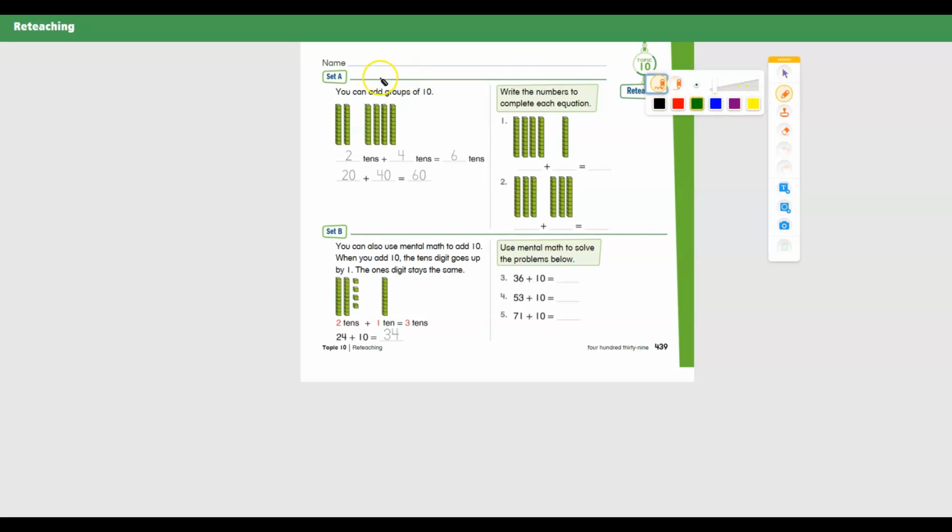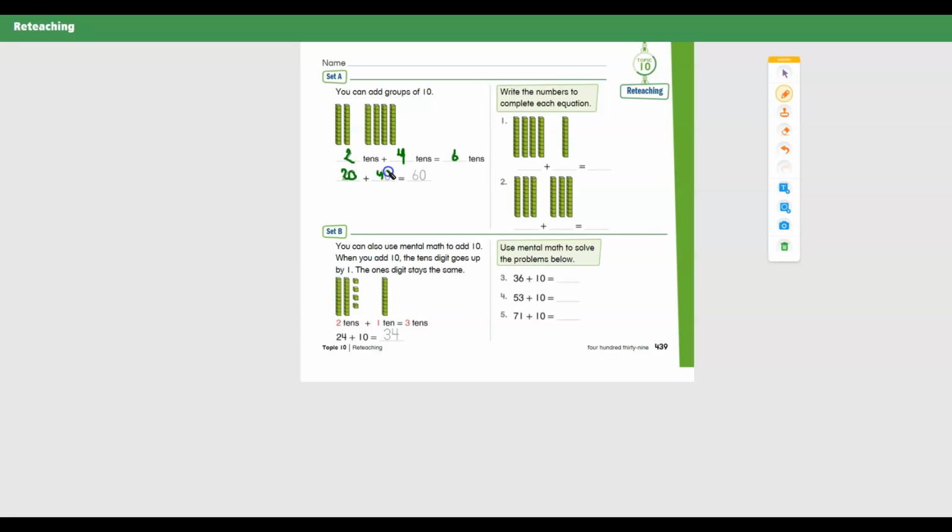For set A, our example first says you can add groups of 10. Here in our model, we have 1, 2, 2 tens, and in our next model, we have 1, 2, 3, 4, 4 tens. 2 tens plus 4 tens is equal to 6 tens. 2 tens is the same as 20. 4 tens is the same as 40.